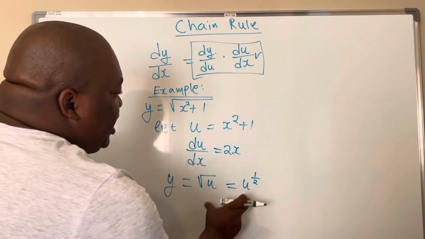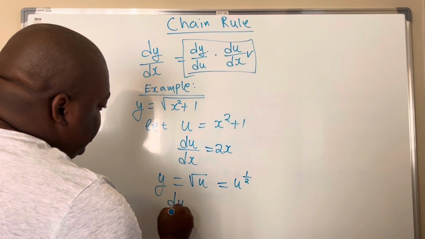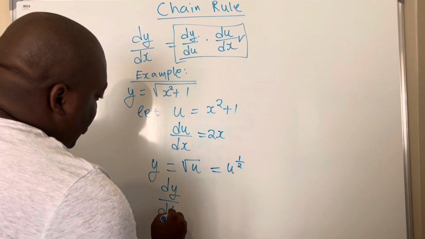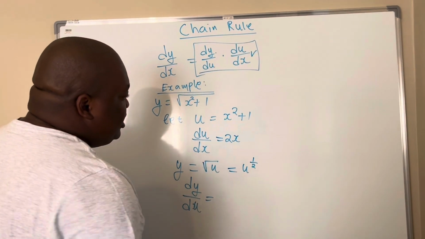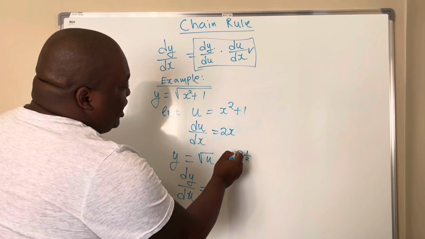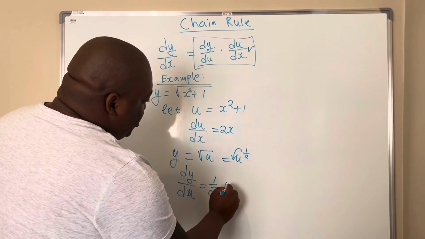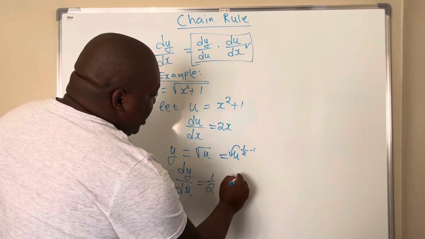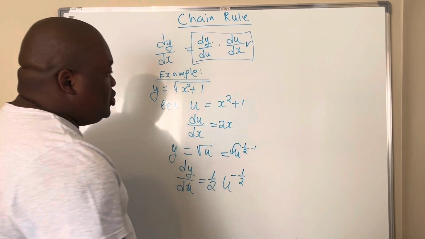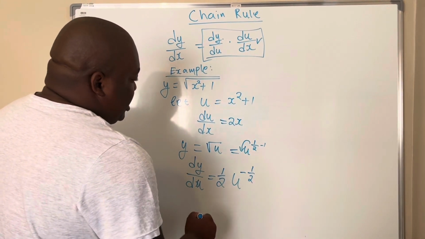Now, if we are given it like this, we are able to differentiate, because we are looking for dy du. How do we differentiate this? We bring down the half. So we will have half u, we subtract a 1, which will then become minus 1 over 2, because half minus 1 is minus half.